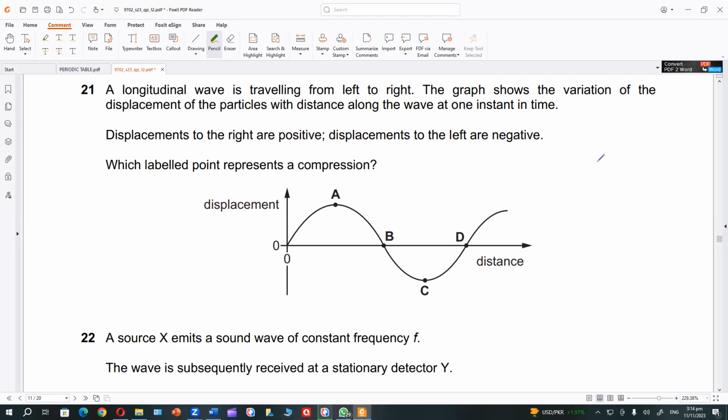It's a longitudinal wave. So when it is traveling left to right, going like this, it is traveling left to right.